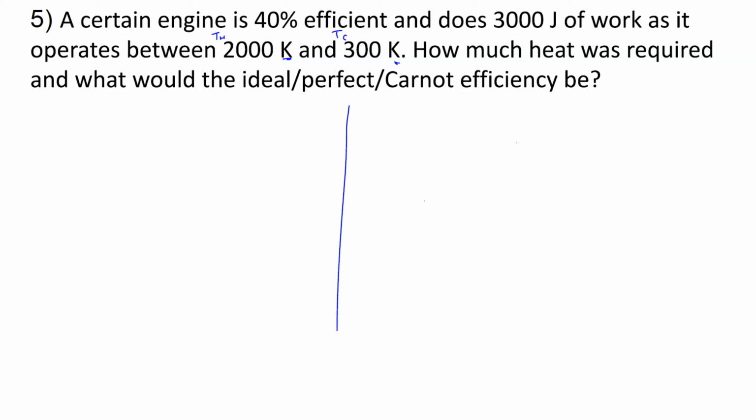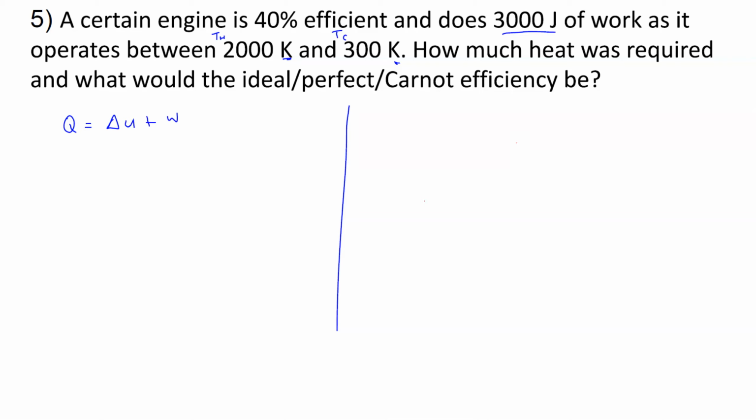So I'm going to draw a little line right there. And we did 3,000 joules of work. What's the easiest way to do this? You know that Q equals the change in energy plus the work, right?